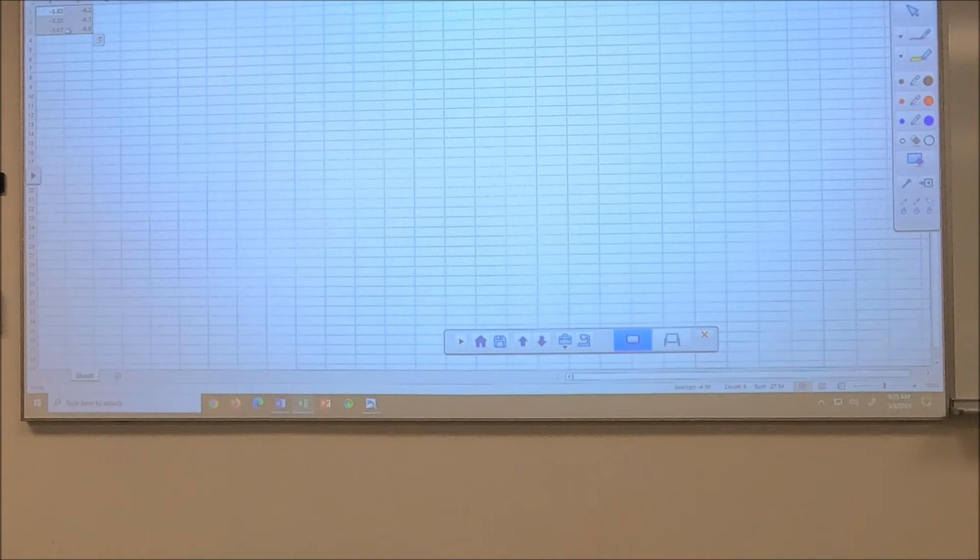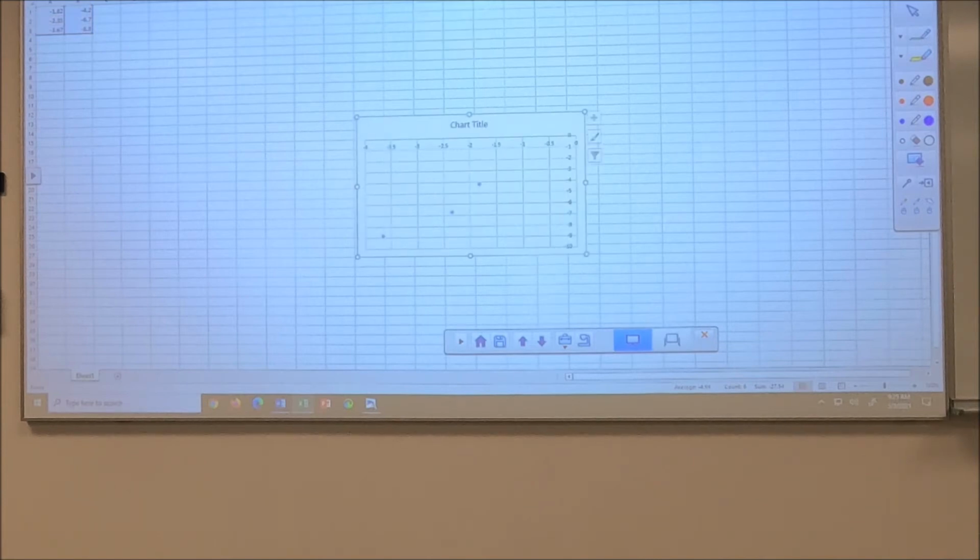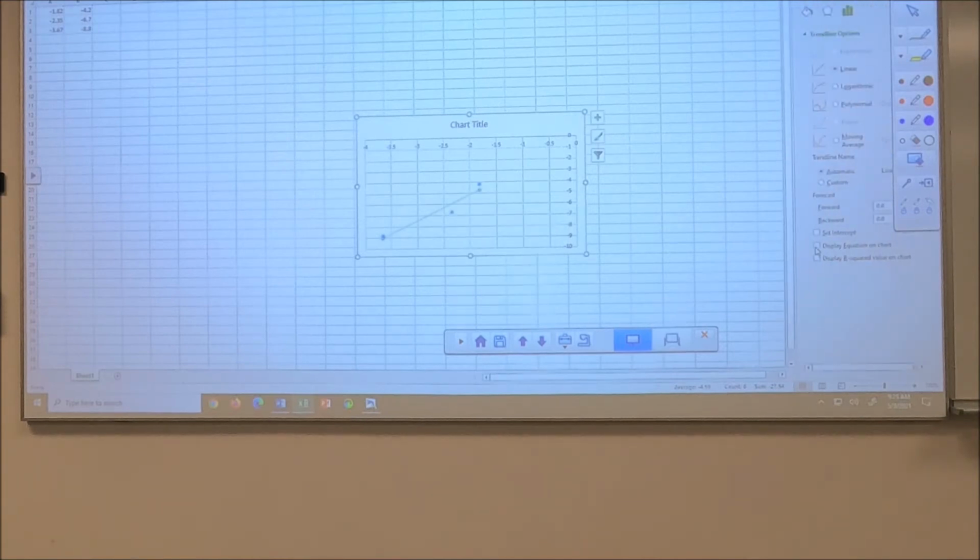You're going to highlight that, go to Insert, hit XY Scatter, just take the dots, okay? Right-click, add trend line, display equation. Now, that equation is important.